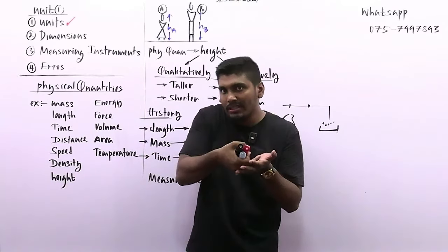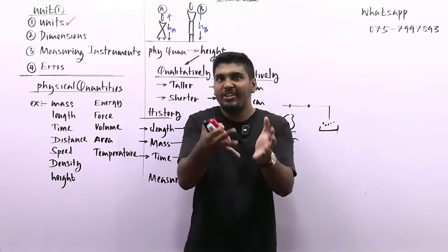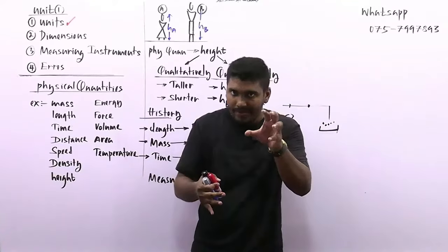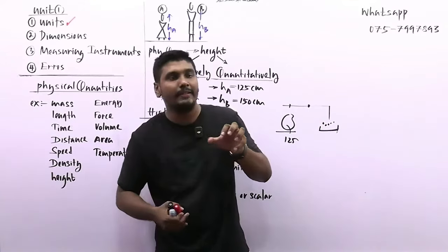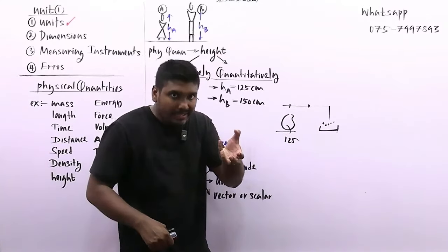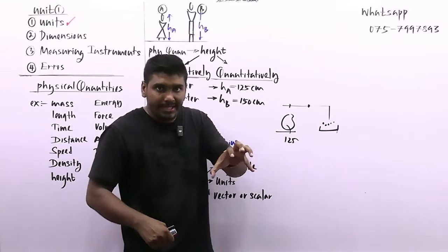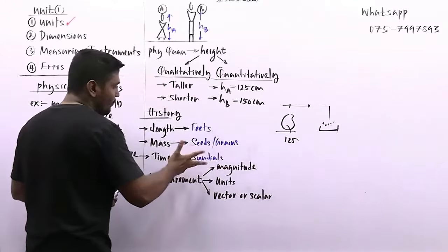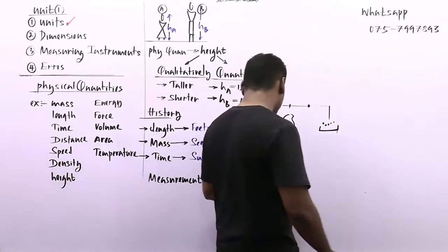Any physical quantity for which only magnitude is sufficient is a scalar. We will learn vectors and scalars more deeply in the vectors lesson under mechanics, but I'll give a small idea. Right? Vectors and scalars.